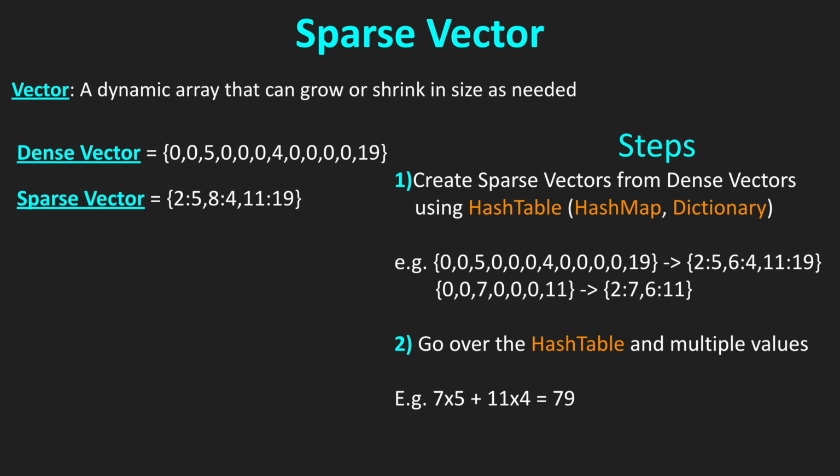So we are multiplying 7 by 5. And for index 6 of the first vector and index 6 of the second vector, we have values 4 and 11. We multiply them. 11 multiplied by 4 plus 7 multiplied by 5 gives us 79.